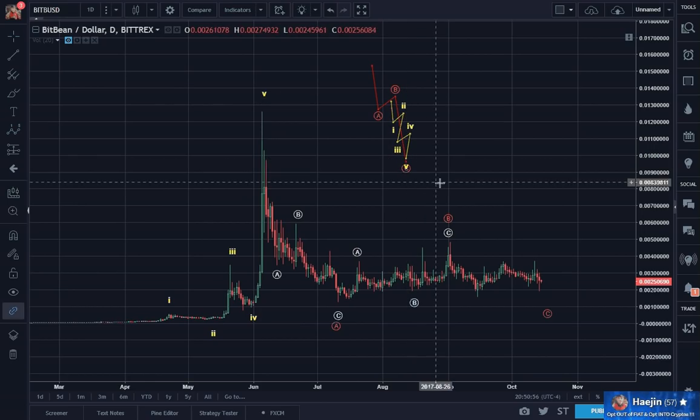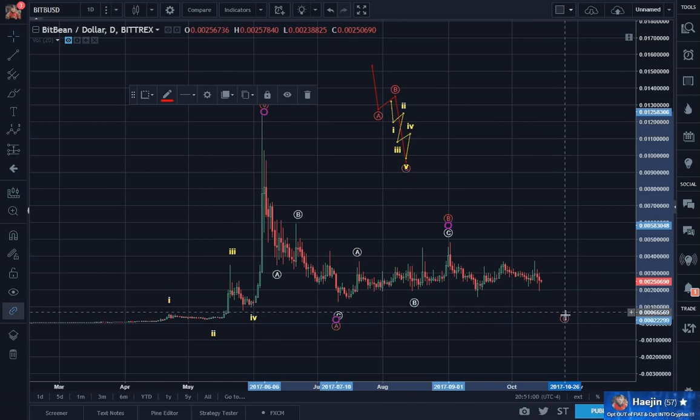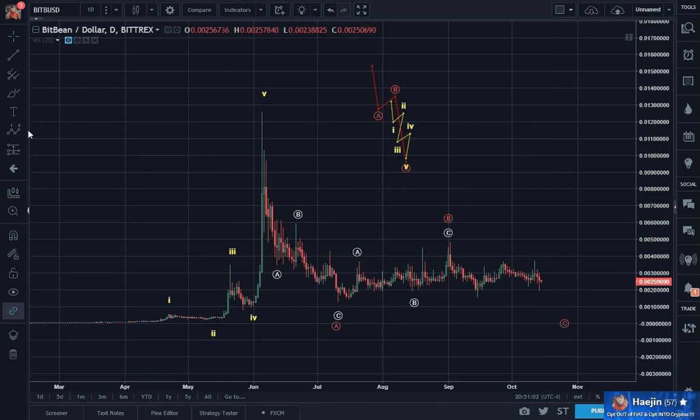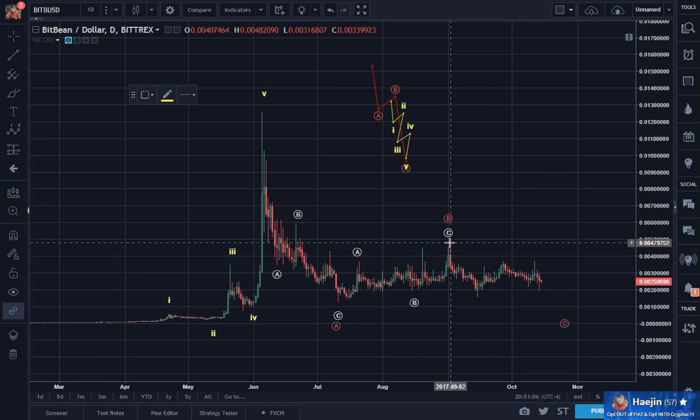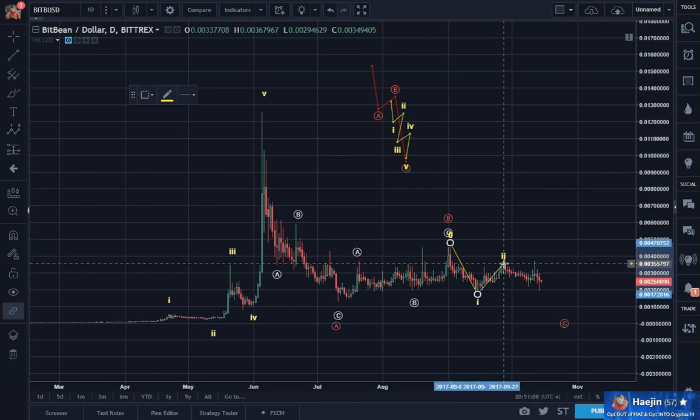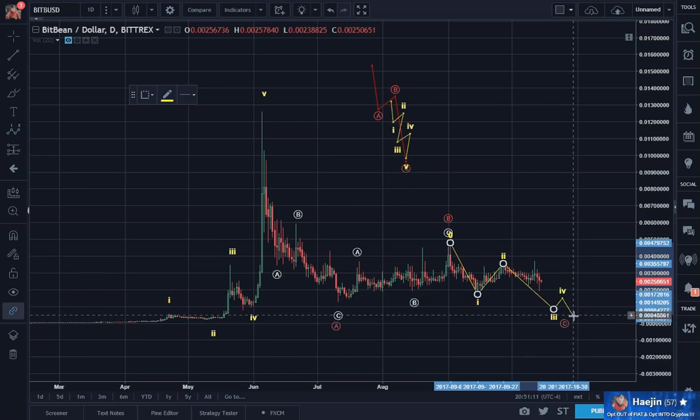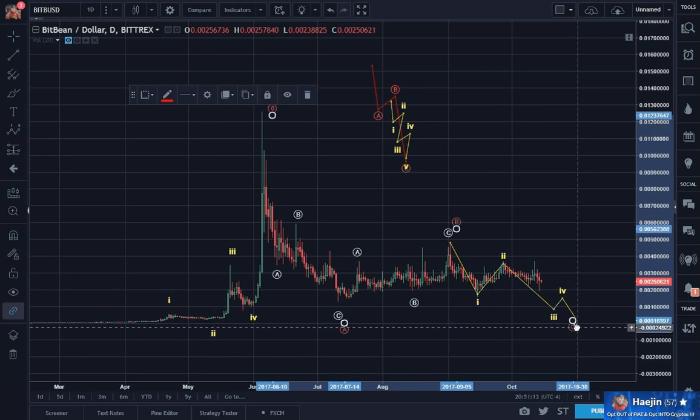Wave C has a 5 wave impulse. And if we try to count 5 waves here, we could do 1, 2, 3, 4, 5.